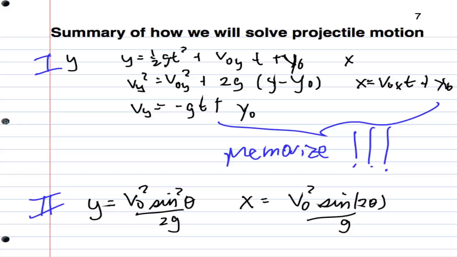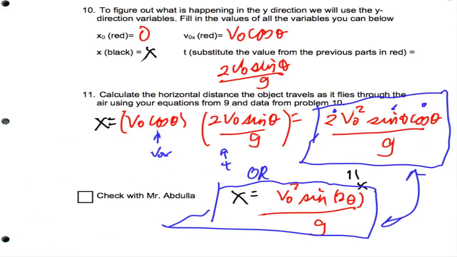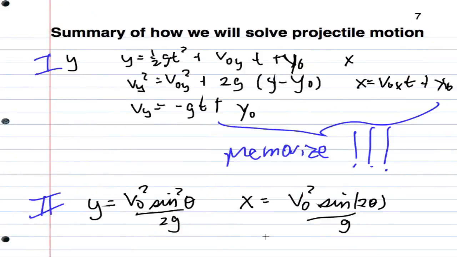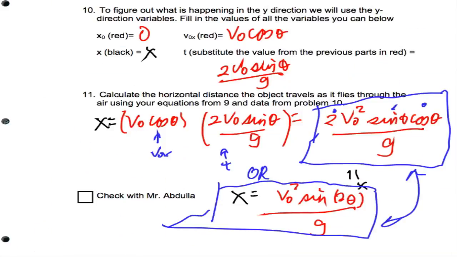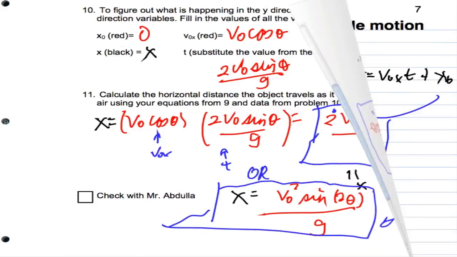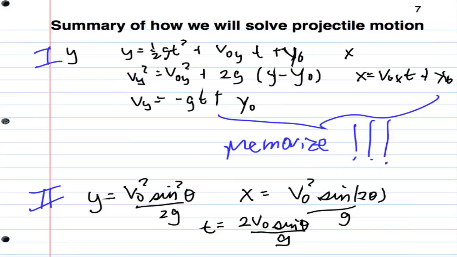Let me just make sure I got that right. Alright, so v naught squared sine of 2 theta over g. And the hang time ends up being 2 v naught sine theta over g. Let me make sure I got that right. Yes, I did. So here's the deal. These 3 formulas you will also memorize.